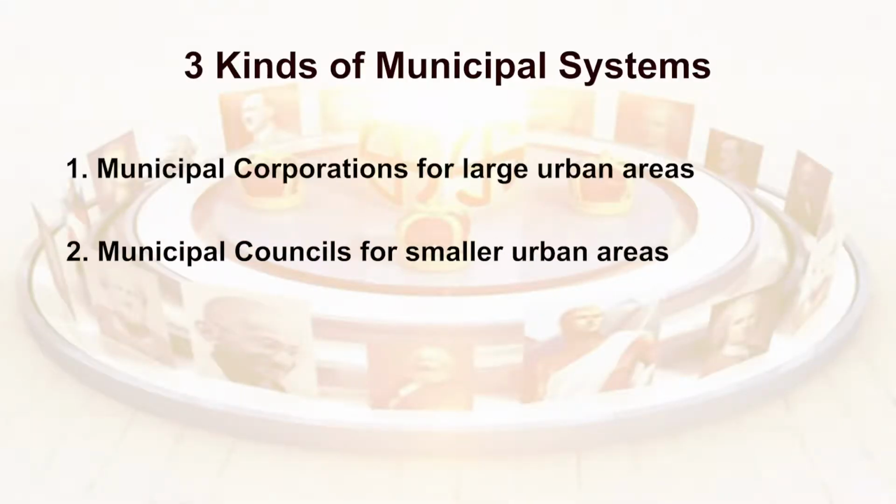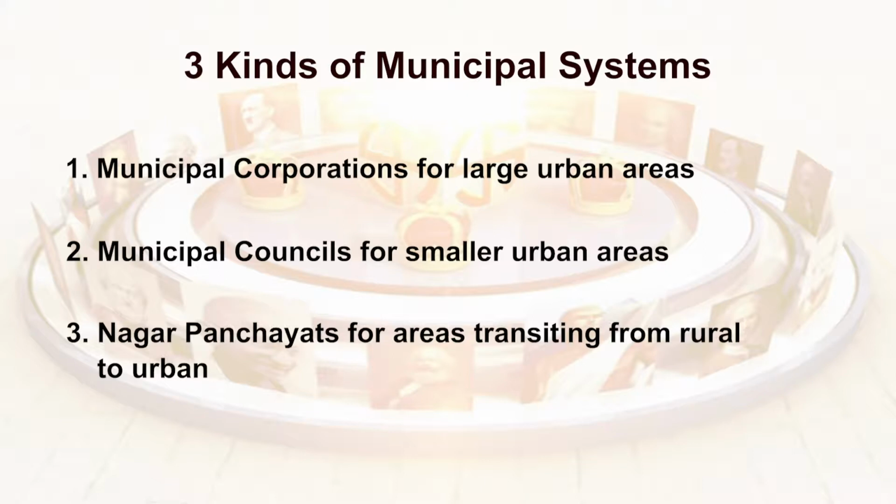For areas slightly smaller, we have municipal councils, and for areas which have been rural, but are now becoming urban, which means they are transiting from one level to another, there are Nagar Panchayats, or by other specific names it could be. So, we have three levels of municipal systems in India.